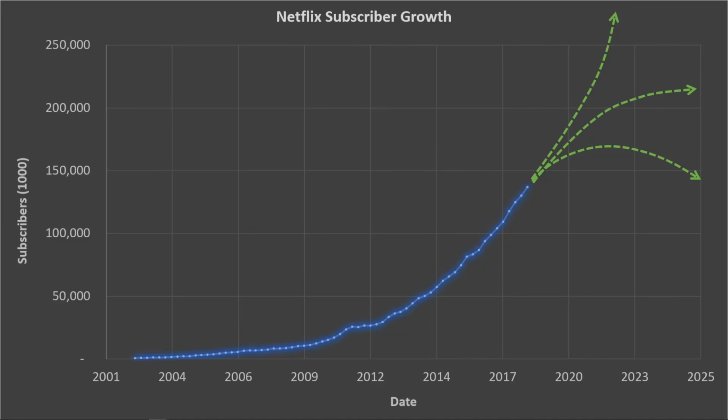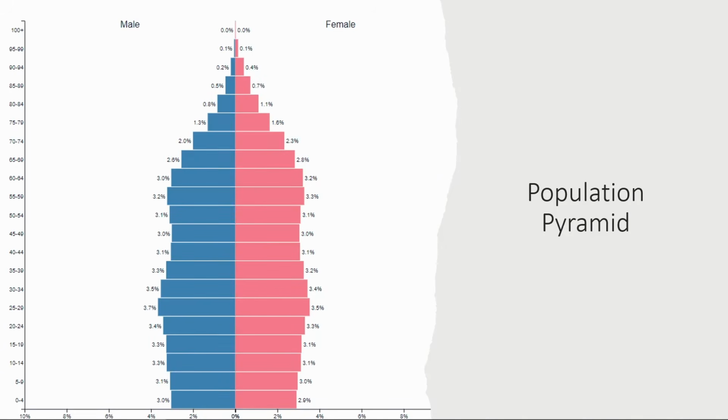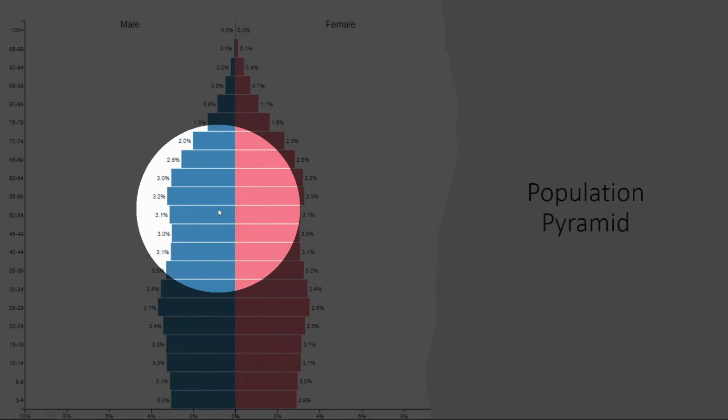If you want to further investigate this question, we can take a look at the demographic composition in the US. Here I'm going to introduce a concept called a population pyramid. A population pyramid shows the composition of the population in a country in terms of gender.